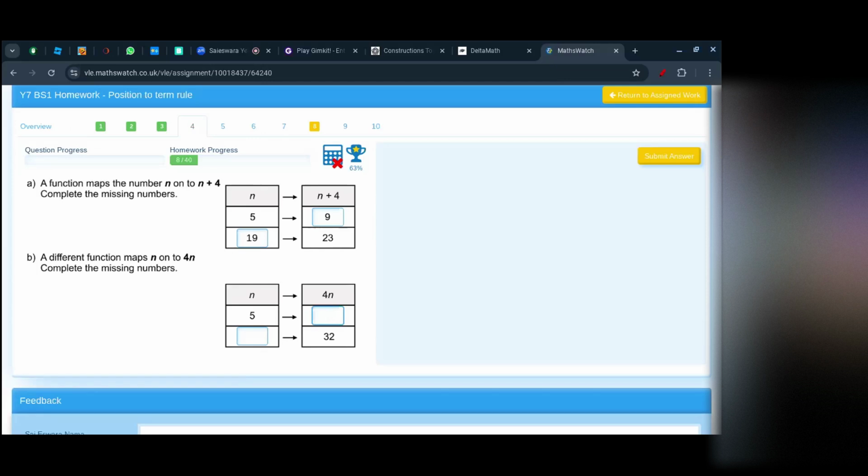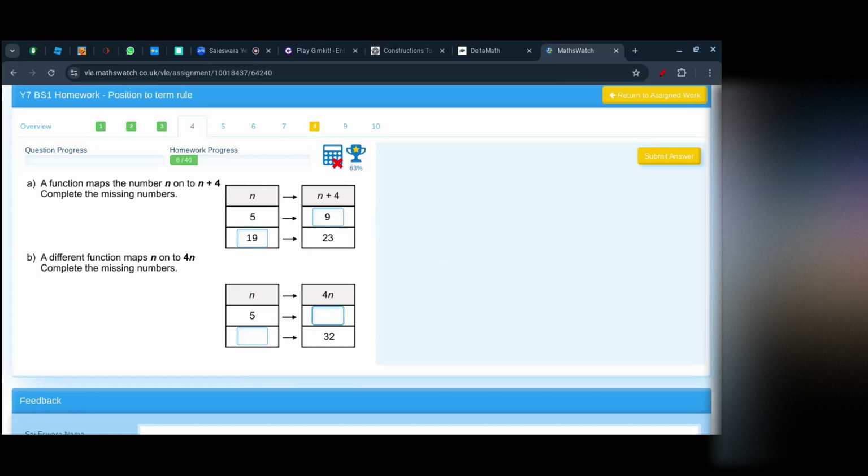I don't understand. 5n is mapping to 4 times n. It's adding it. How is it adding? It's 4n. From n, it goes to 4n. 4 times n. How much will that be?